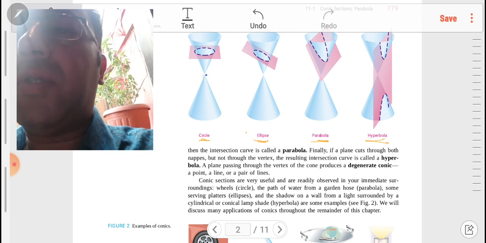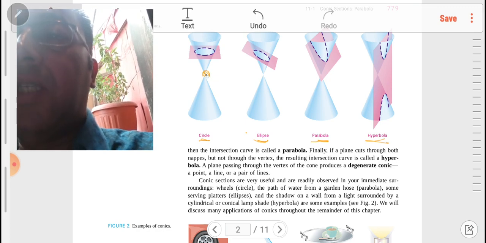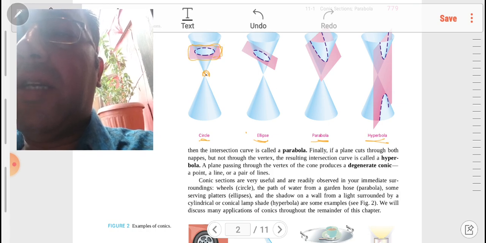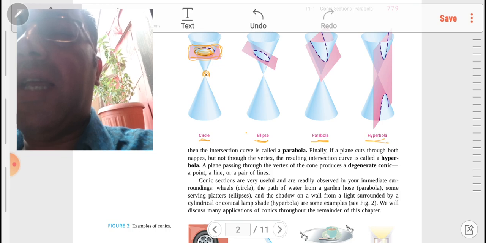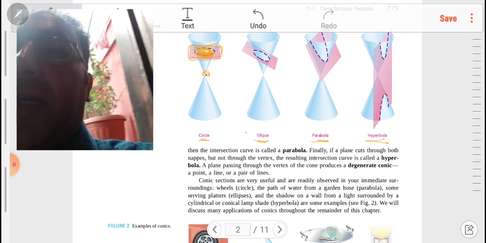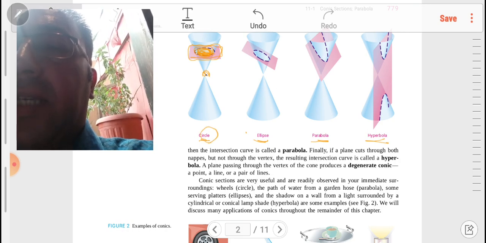If we have two cones that intersect vertically, and we draw a cross section flat horizontally, the conic section after intersecting the cone is called a circle.